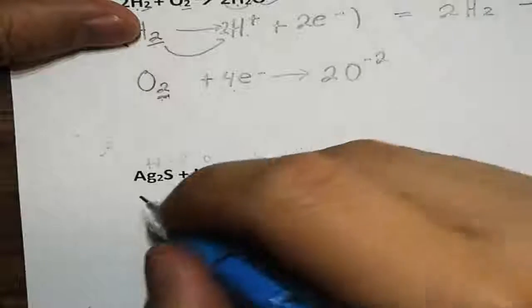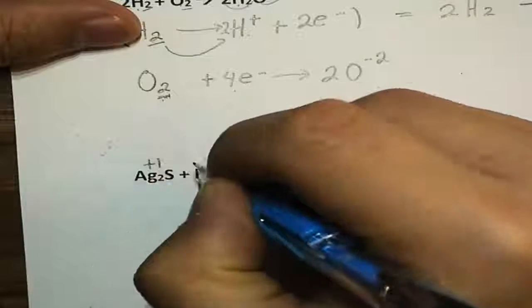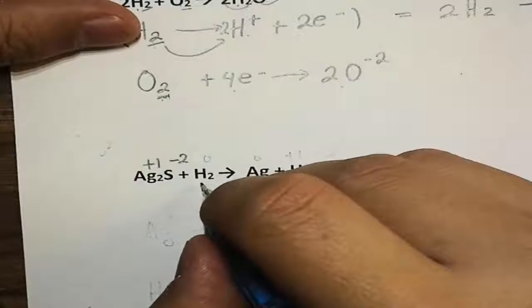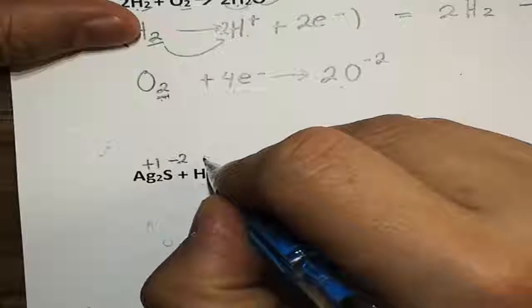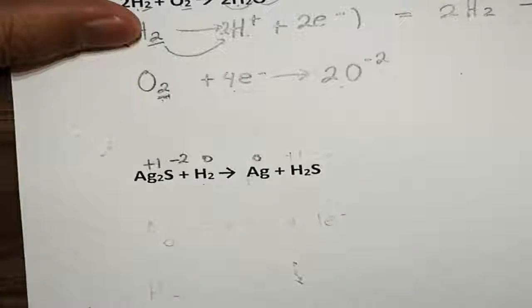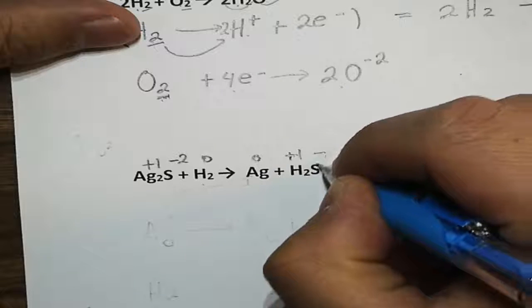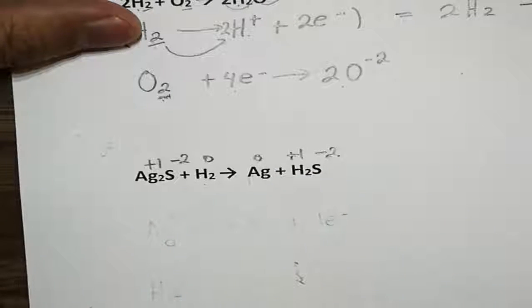Let's try another problem. Here we have Ag2S, so that means silver has a +1 and S has a -2, and then reacts with hydrogen, that is oxidation of 0, and over here we have Ag equal to 0 as well, and H is +1, and therefore sulfide must be -2.